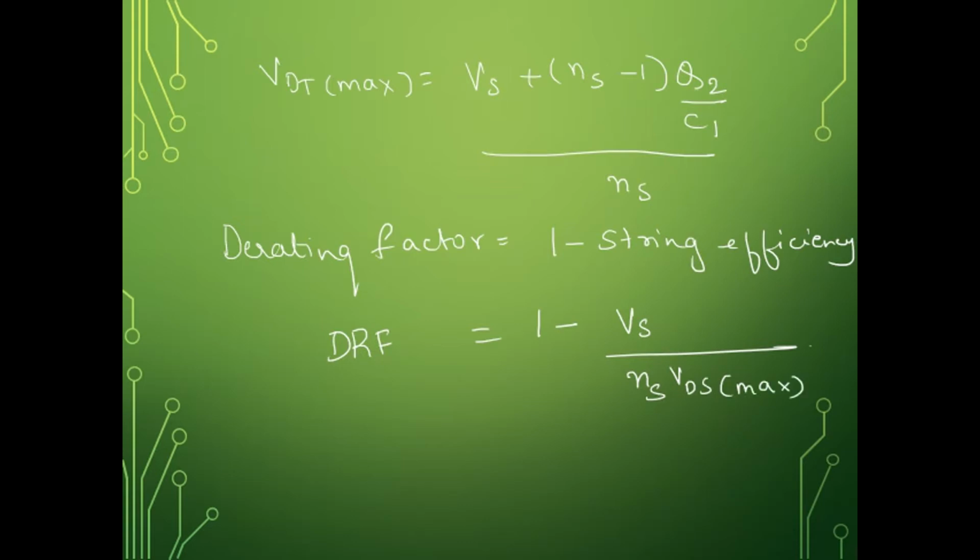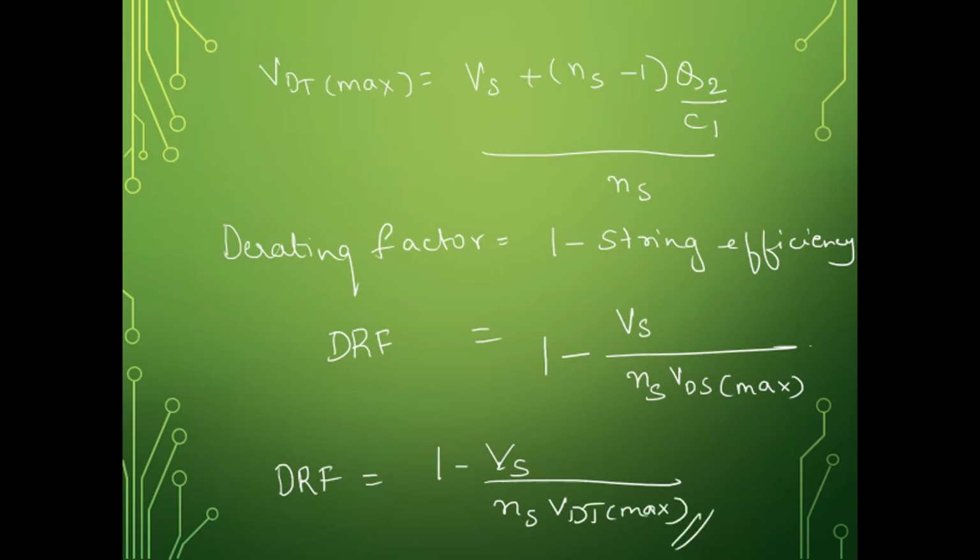So the derating factor, which we write as DRF, is equal to 1 minus Vs by Ns into Vds maximum. This is the value of steady state derating. If it is a transient state derating factor, how will we obtain it? DRF is equal to 1 minus Vs divided by Ns into Vdt maximum. That's all. This is the general formula, either with Vds max or Vdt maximum.